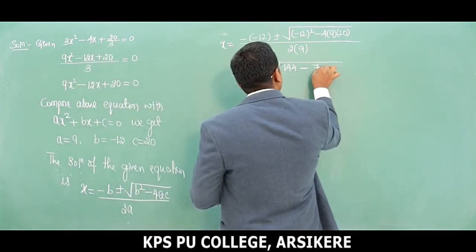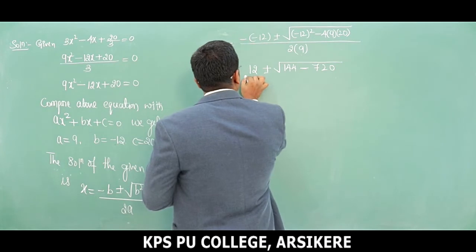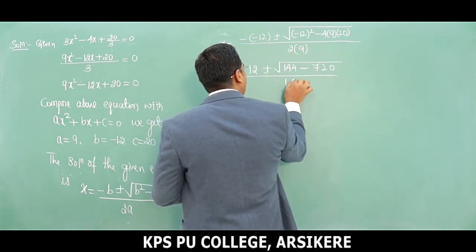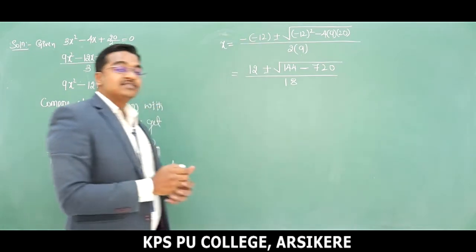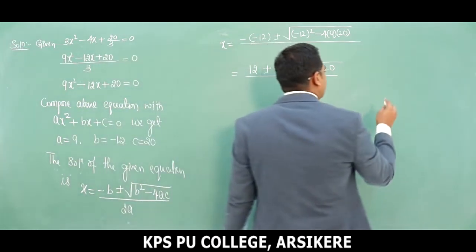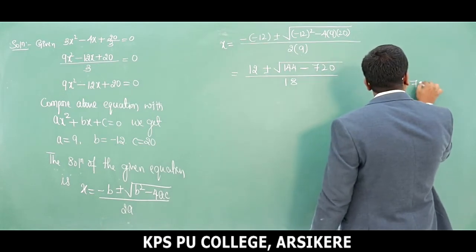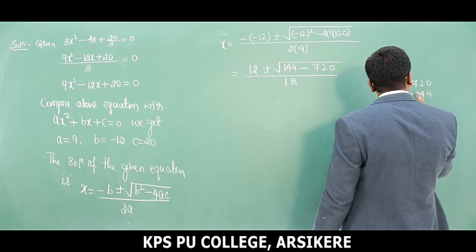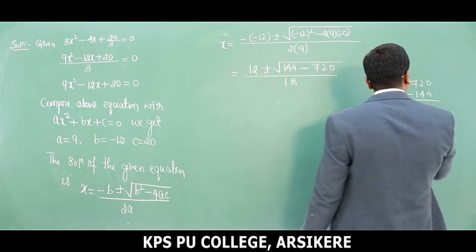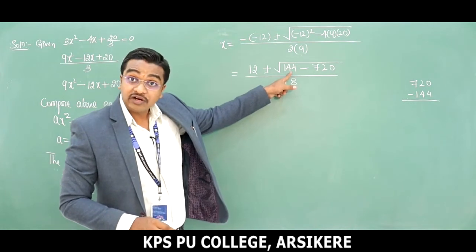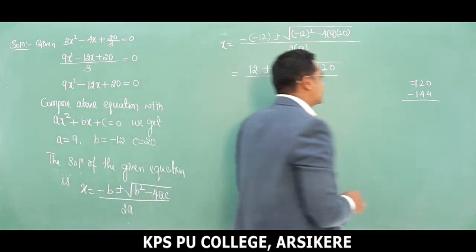So this reduces minus 720 whole divided by 9 into 2 is 18. 720 minus 144. Okay, this reduces us.